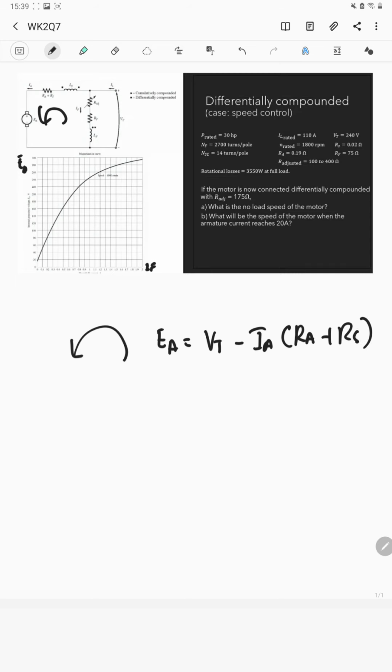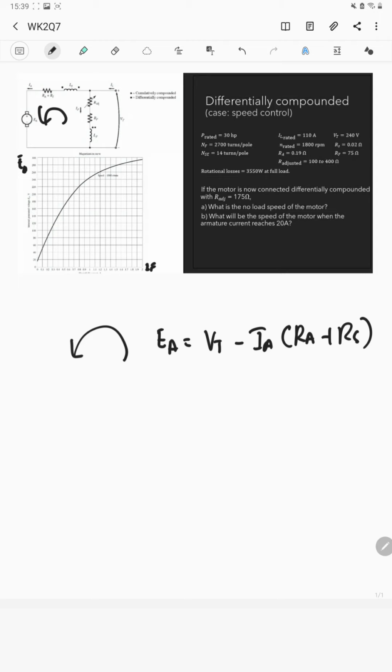Right now we know that it is now differentially compounded, and from this loop around here, we know that EA is VT minus IA times RA plus RS.